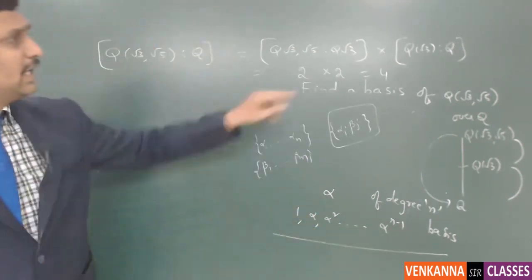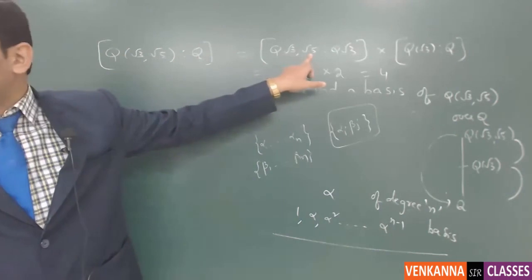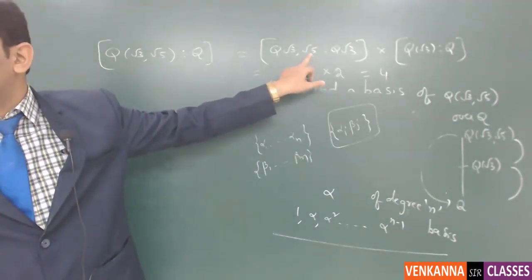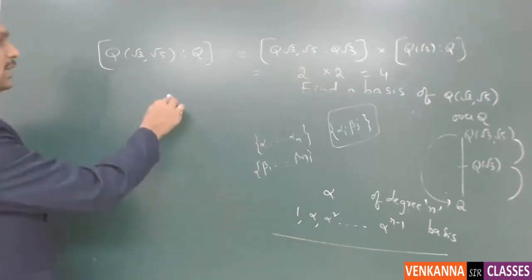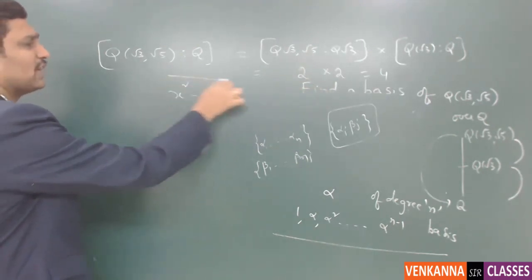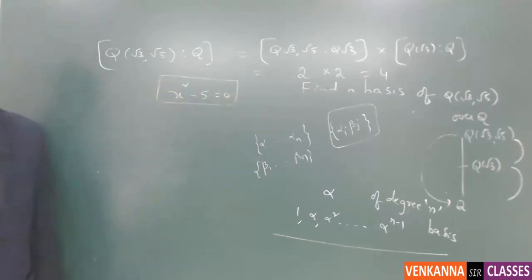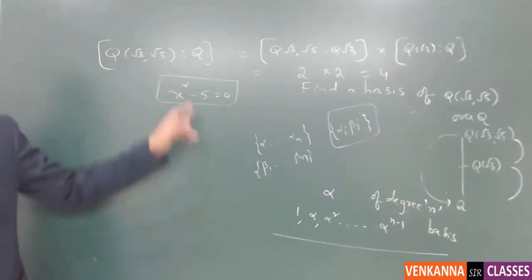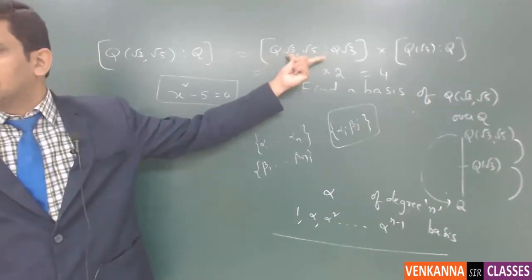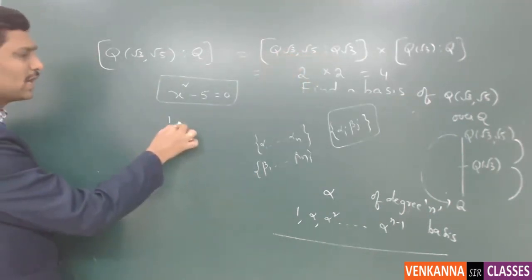So here, while considering the dimension, you have taken that root 5 is the element, and you know that root 5 satisfies the polynomial x square minus 5 equal to 0. So what is the degree of the polynomial? 2. So if you consider this vector space, the basis is nothing but 1 comma root 5.